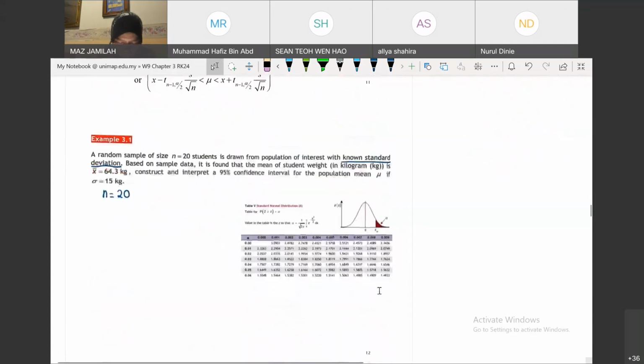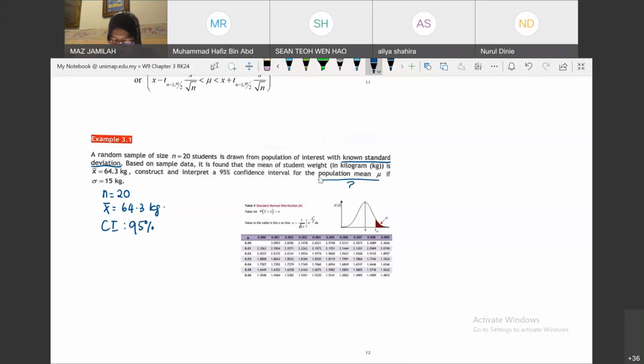Second sentence: based on sample data, the mean weight is 64.3 kg, so x bar is equal to 64.3 kg. Construct and interpret a 95% CI for the population mean.